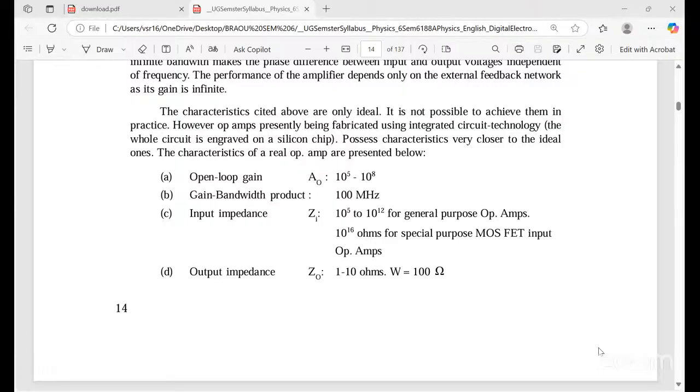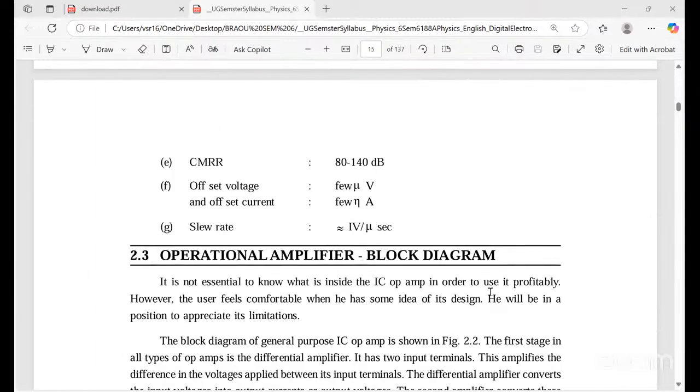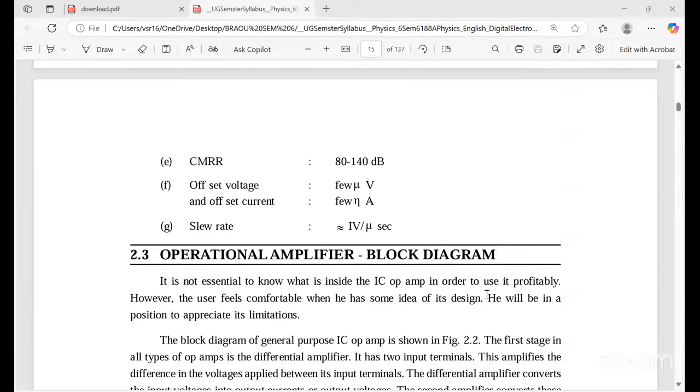Output impedance Z0 is 1 to 10 ohms. The CMRR is 80 to 140 decibel. In the differential amplifier we discussed 80 to 120 decibel, but here in the op amp we get 80 to 140 decibel. Offset voltage, offset current and slew rate are also given.